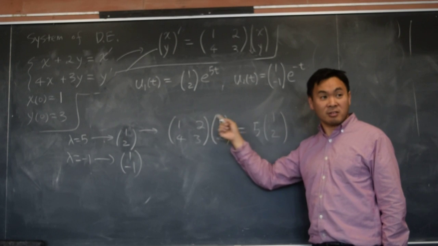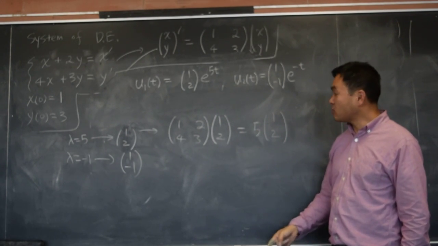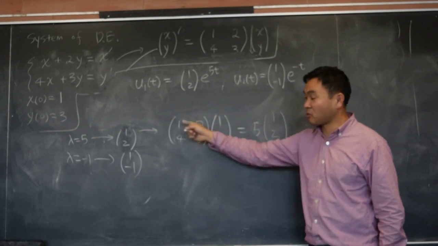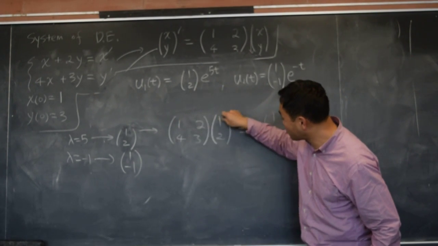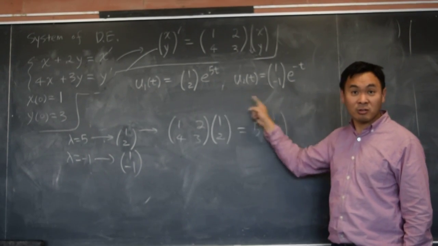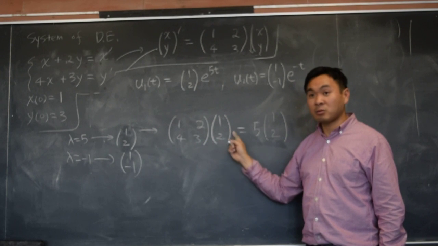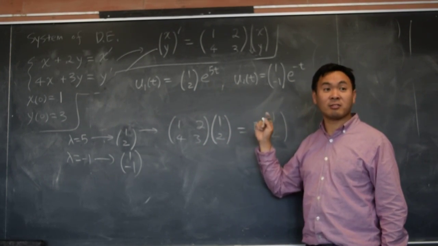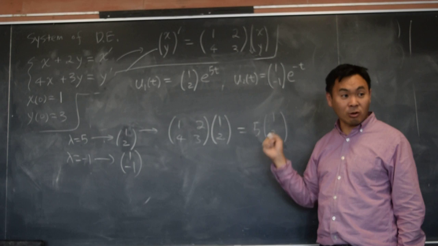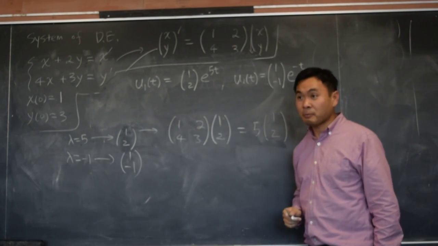This is the definition of an eigenvector with eigenvalue 5, right? You can show that this is true by direct computation. 1 times 1, 2 times 2, add them up, you get 5. 5 times 1, that's 5. So the top row is equal. How about this one? 4 times 1 plus 3 times 2 is 4 plus 6, that's 10. 5 times 2, that's also 10. So this equation is true.